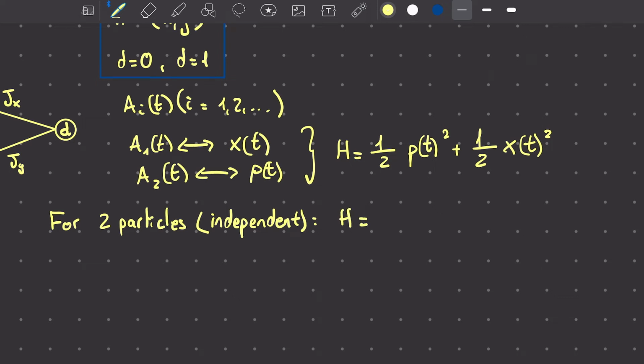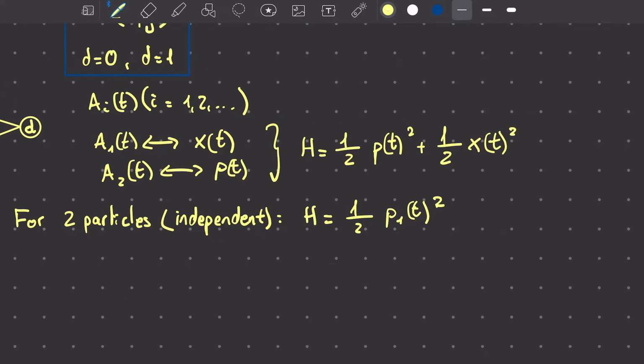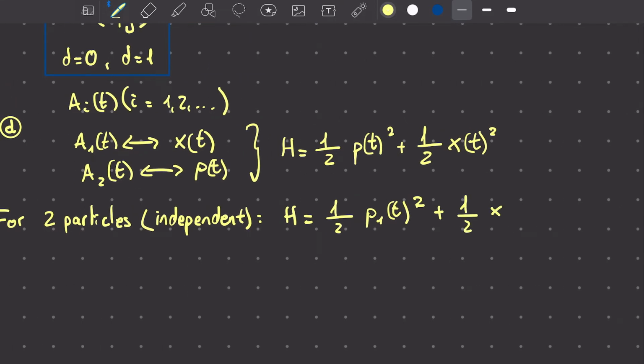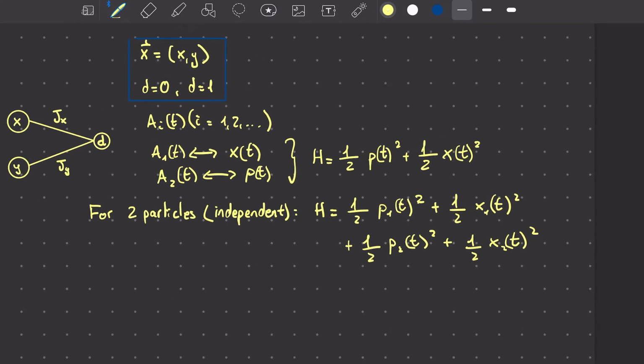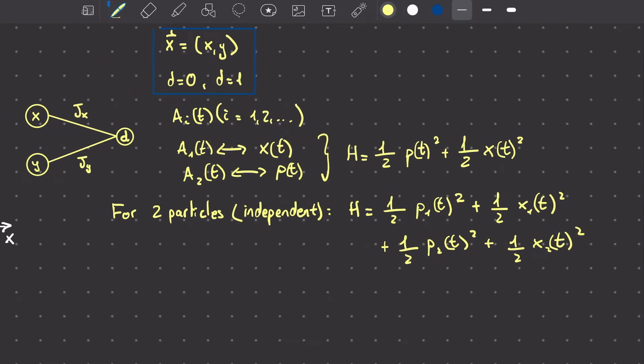The Hamiltonian is just gonna be the sum of the individual Hamiltonians. So p1 is gonna be the momentum of particle 1, the next one the position again for particle 1, and I'm just gonna put it underneath. Then we have the same, simply changing the subscript of the degrees of freedom to indicate they are of the second particle.